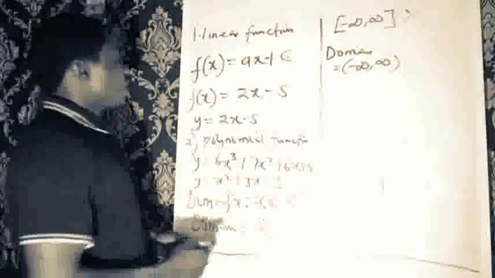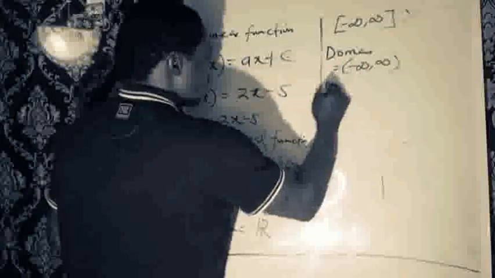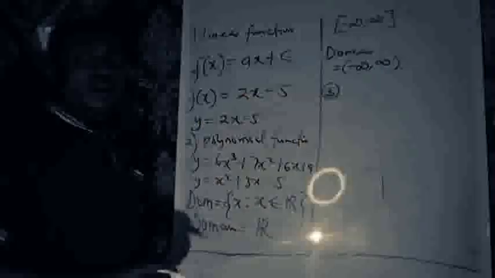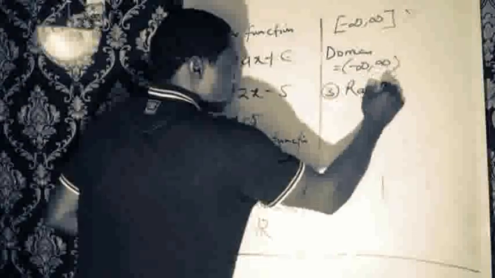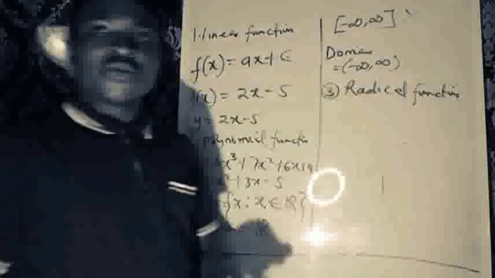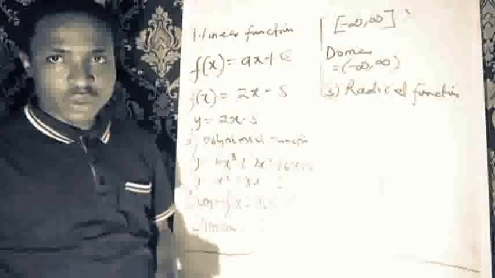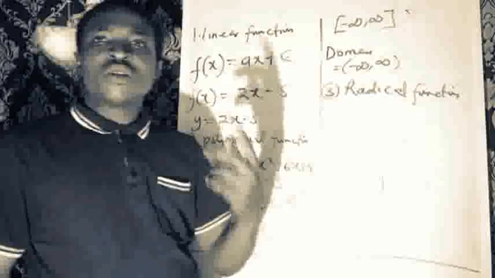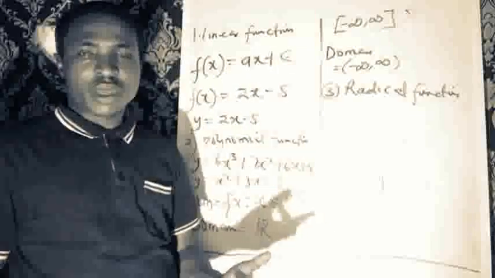The next one I'm going to work out now is our radical function. Now, what are radical functions? Radical functions are functions that have square roots. And of course, you know that you cannot find the square root of a negative number. That's number one.